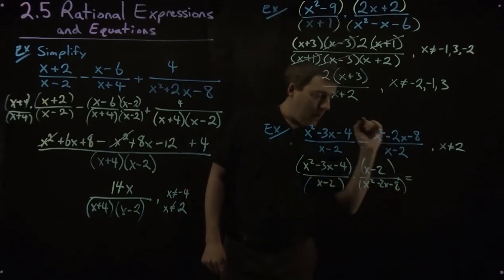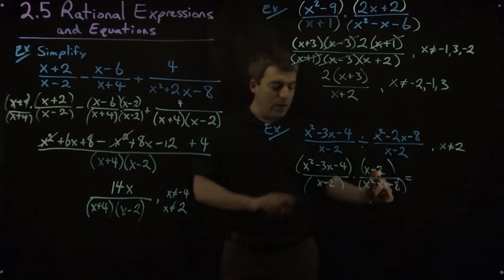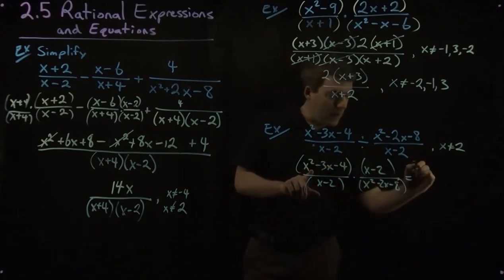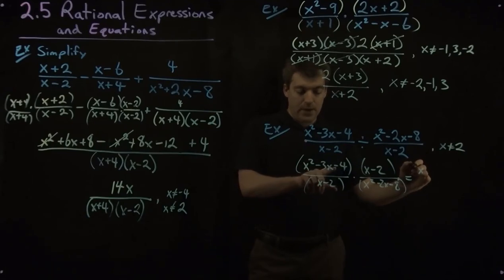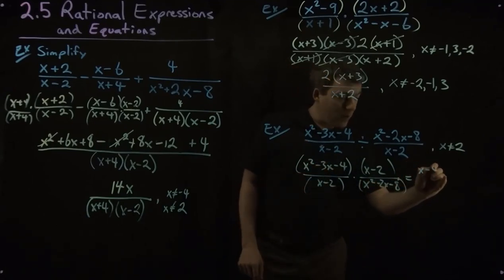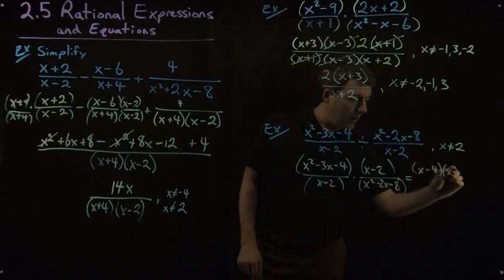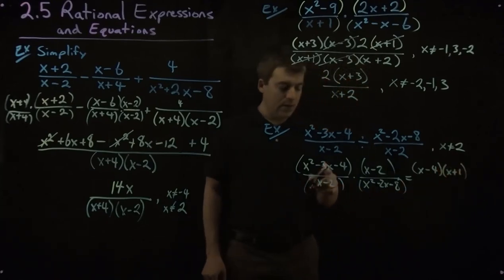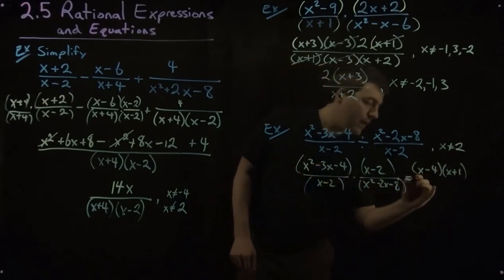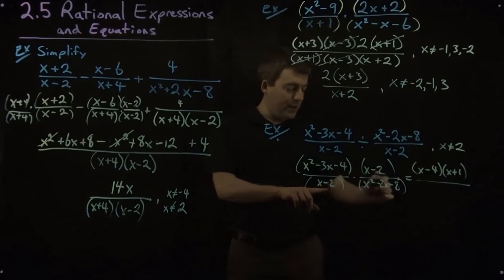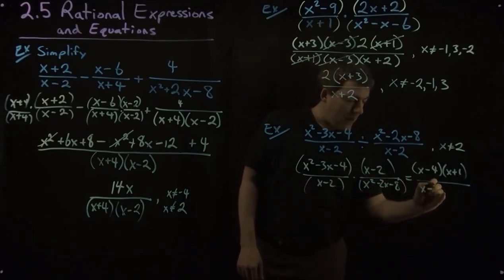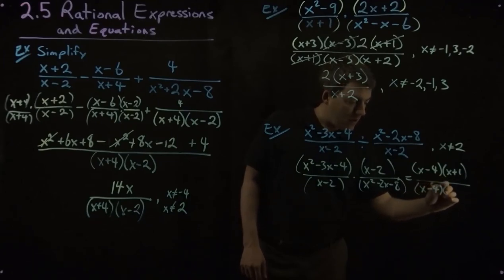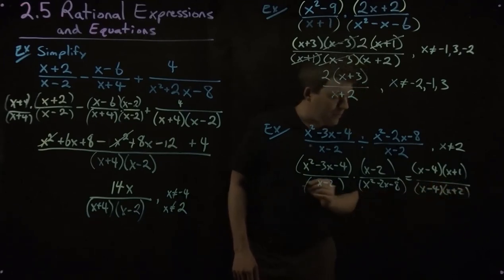We can go ahead and factor the numerator. So we've got an x minus 4 and an x plus 1. And we also have an x minus 4 and an x plus 2.